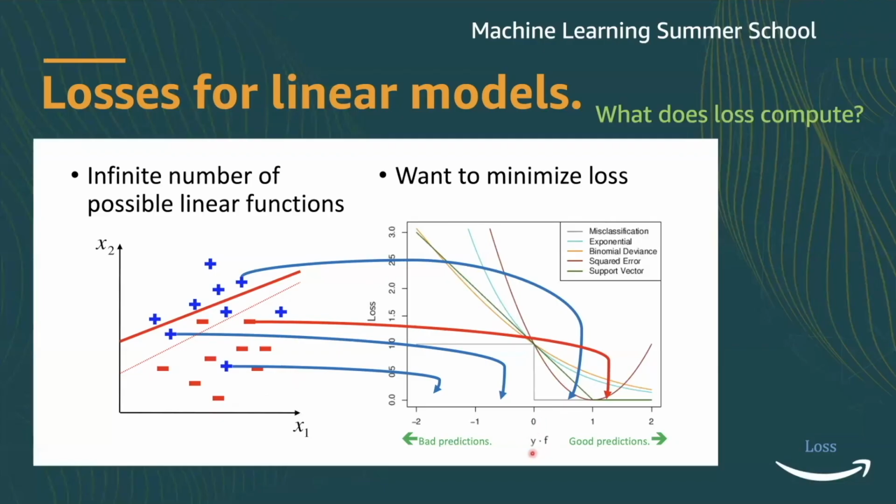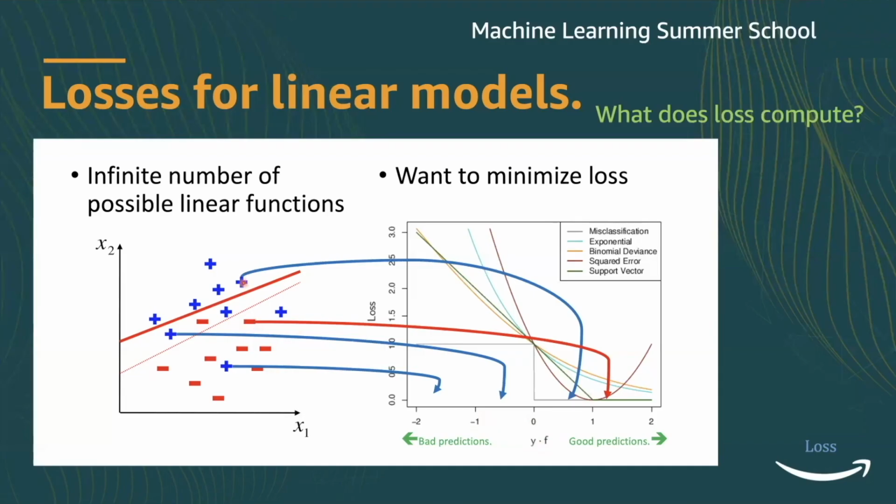Let's say for all the points that lie here, y is -1, and the corresponding f of x is also -1. When you take the sign of f of x and take the product of these two, you get a positive number, and that's going to lie on the right side. So it's a good prediction. The model has predicted this correctly.